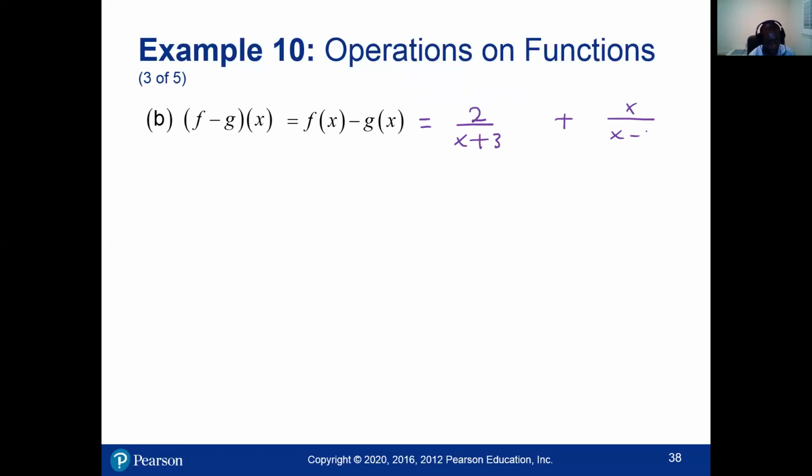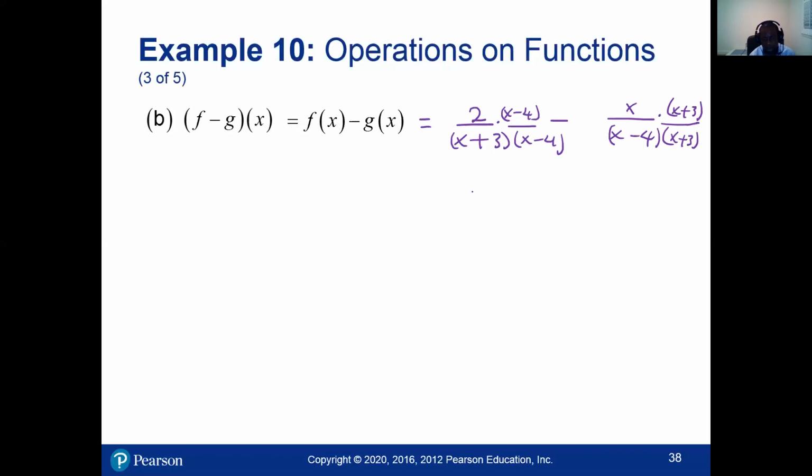This is minus, not plus. Okay, so minus, that's minus what? 3. To have a common denominator, again, we multiply this by what? X minus 4. And then we divide it by what? X minus 4. And this side to multiply by x plus 3 and divided by x plus what? 3. And then put that in parentheses.